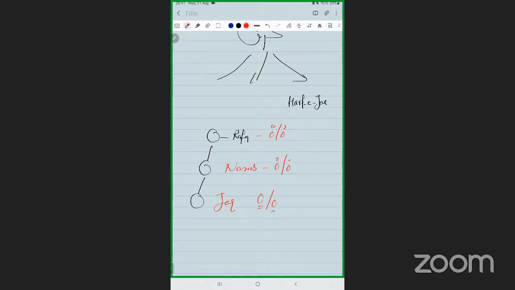We told you yesterday there are many reasons for a noun to be in the rafa stage, and many reasons for a noun to be in the nasab stage. How many reasons are there for a noun to be in the jar stage? Help me please. Only two.